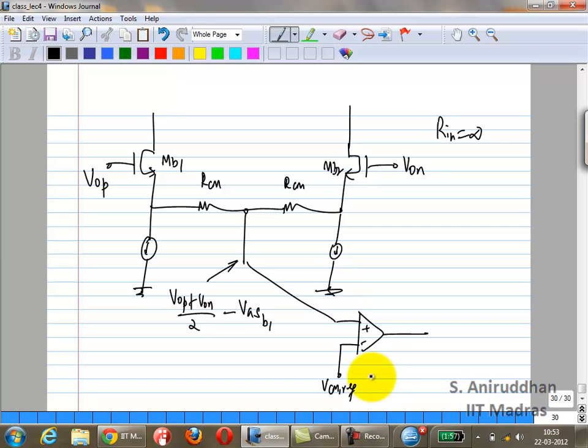So you actually want this. If you do this, then your (VOP plus VON)/2 will become VCM ref. How do you do this? Exactly. You just do exactly the same thing which you did for the other cases.